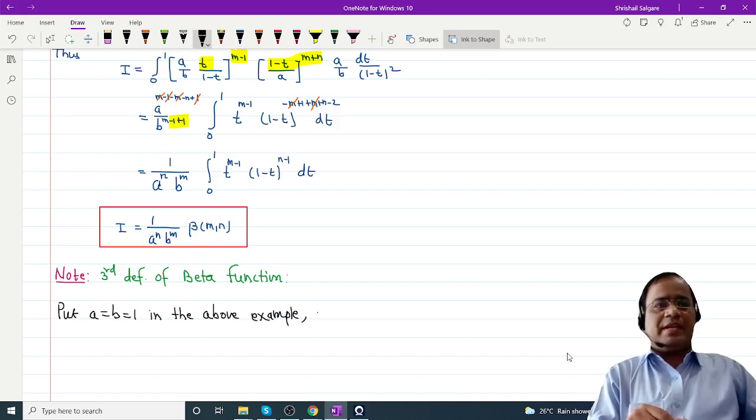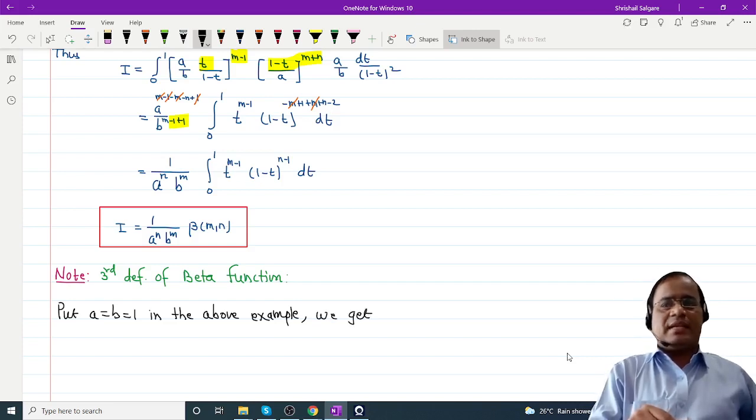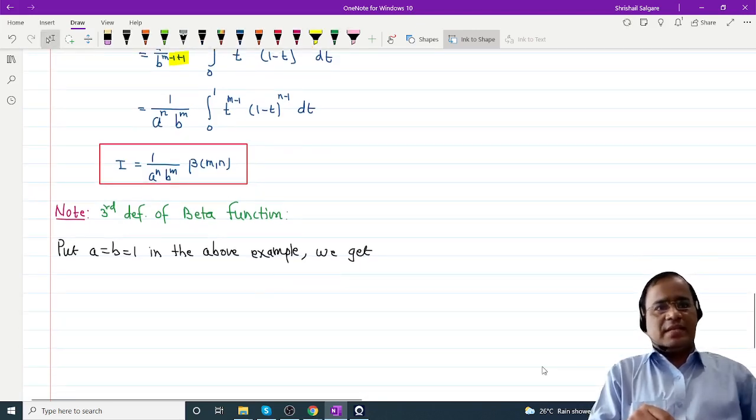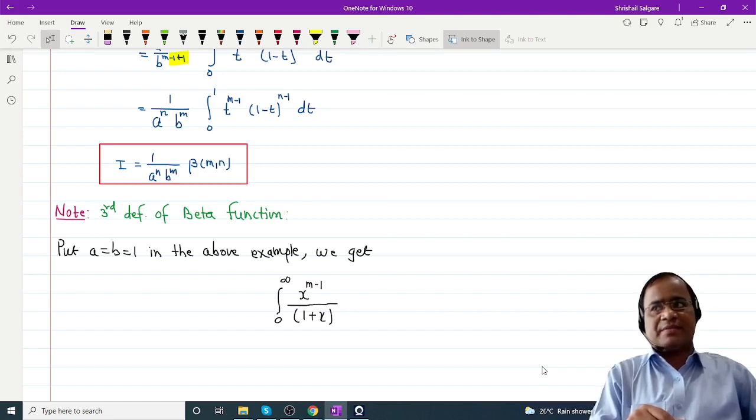Then what you will get? First, I will write the integral. I think that statement is with you. Can anyone help me to write? So the integral is given as 0 to infinity, x raised to m minus 1 divided by, both a and b you have to put 1, then that factor becomes (1 plus x) raised to m plus n, dx.